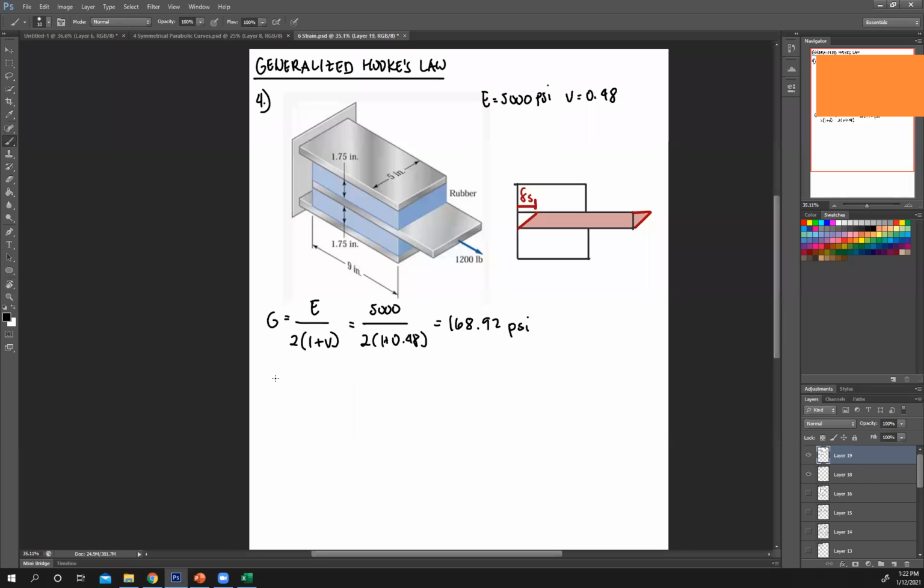And then from this, I can now solve for shear stress tau. So just G times deformation or shear strain. And shear stress. So this is the cross section, right? There's gonna be a force P here. Therefore, there's shear stresses along surfaces in contact.